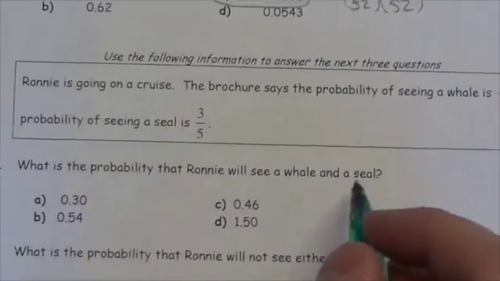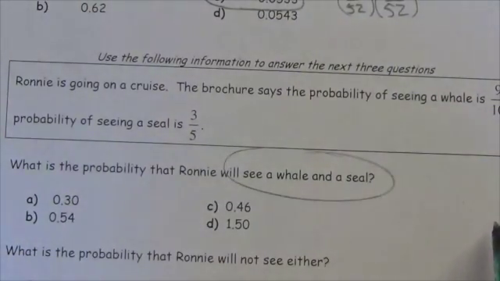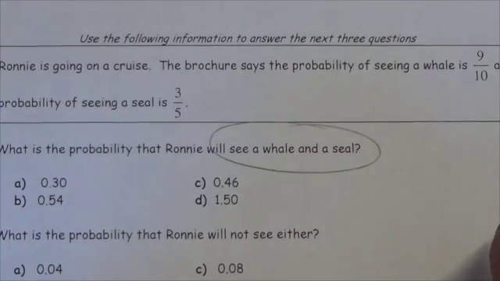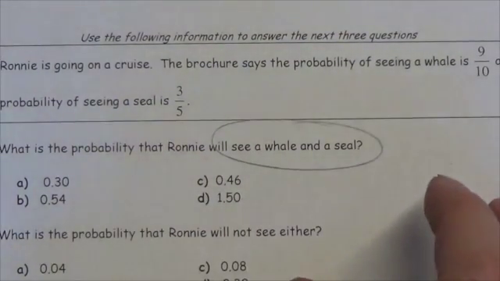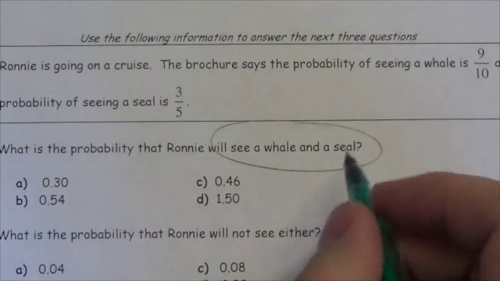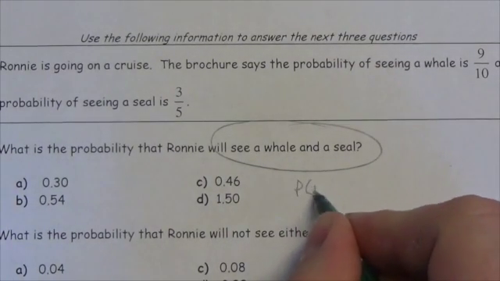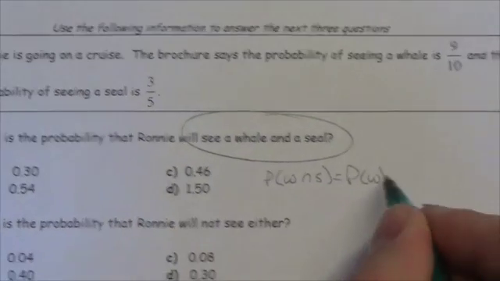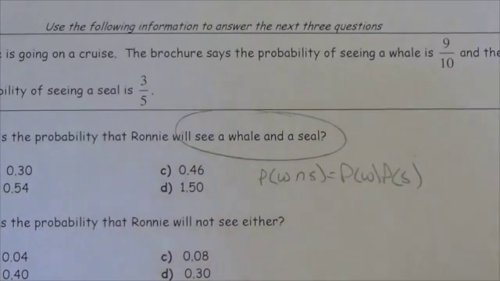Okay, so now we have to identify whether these are independent or dependent events, seeing the whale and the seal. Now, I don't know, but I suspect, based on the way this question is worded, that those are independent events. So the probability of seeing a whale and a seal is very likely going to be the probability of the whale multiplied by the probability of seeing a seal.